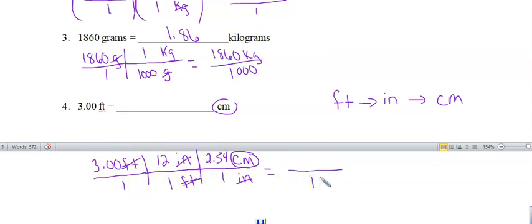I'm going to multiply across the top, and I'm going to get 91.4444 repeating. For sig digs, there are 3, so 91.44. 91.4 for 3 sig digs, which is what I want because that's what this number has here.